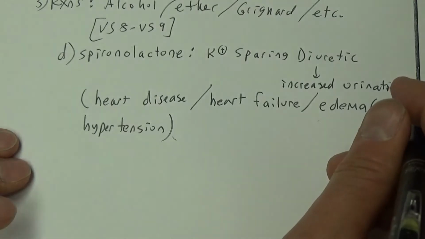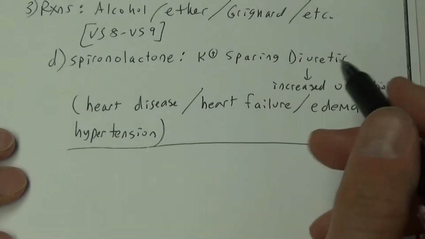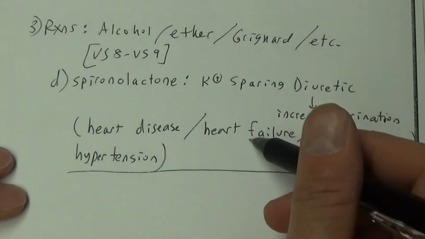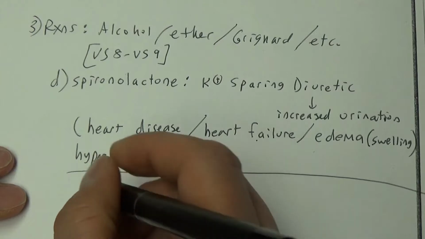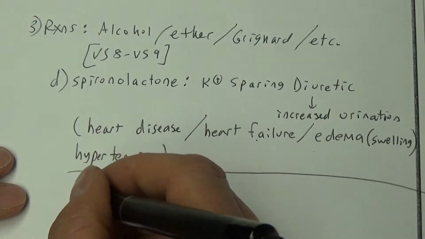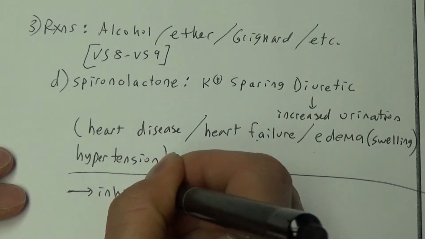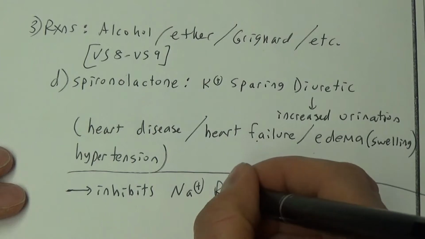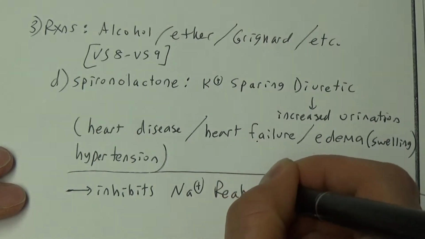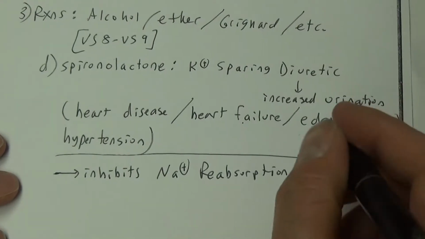Some other diseases. Okay, so I'll show the biological cartoon of how these work in the kidney. What it does, though, as a drug, in a nutshell, is it inhibits sodium ion reabsorption in the kidney.